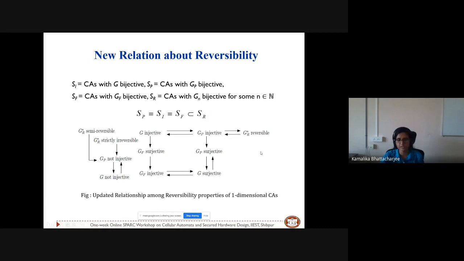So this is our new relation where we can add this GR, and if GR star is semi-reversible, then also GP is not going to be injective, and GR star is strictly reversible means GP is not going to be injective. So this is the new relation about reversibility.